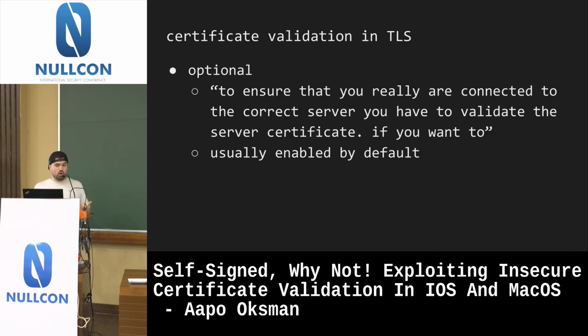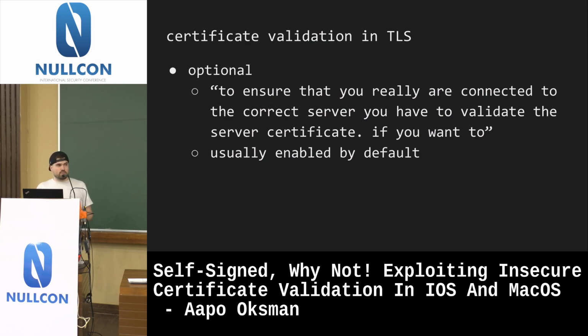In other words, to ensure that you are really connected to the correct server, you have to validate the server certificate if you want to. This is a major problem, because you want secure connections, otherwise you wouldn't be using TLS.